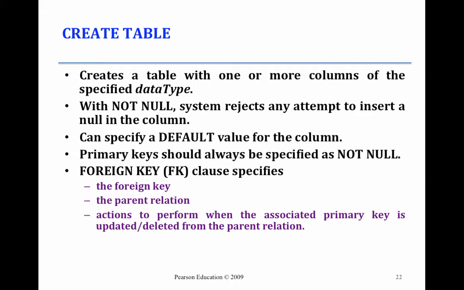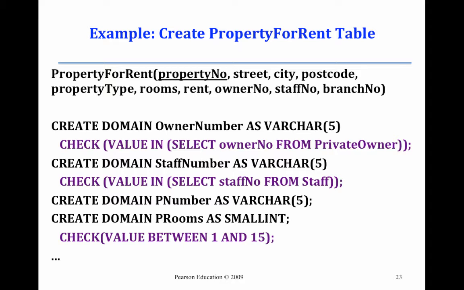You put all these declarations together in the create table command. So it's used to specify the columns, their types, and then any entity constraints, any integrity constraints you want to place on the table.